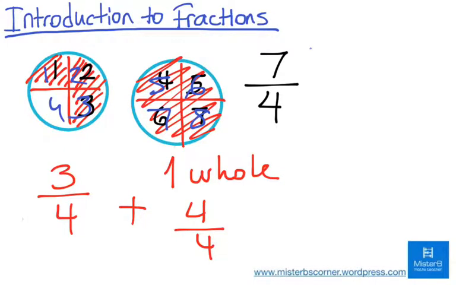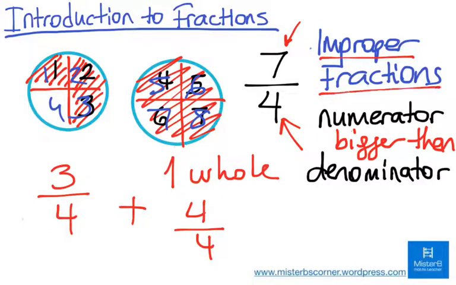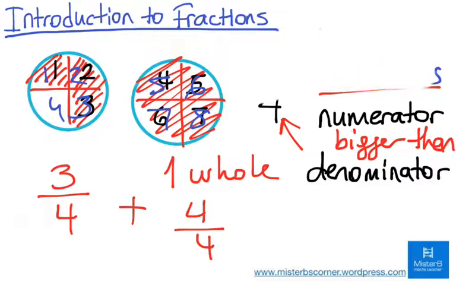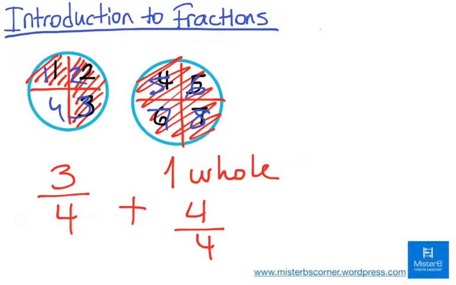Now when the numerator is bigger than the denominator, we have an improper fraction. Here 7 is bigger than 4, so if the numerator is bigger than the denominator, then it's called an improper fraction. Now, just because we have one whole here, it's not a fraction of a whole, we can also consider writing this as a mixed number fraction, like 1, meaning one whole, and 3/4.